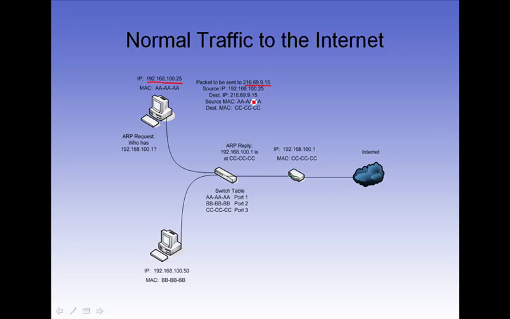And if you remember your networking, in this case the source and destination IP numbers are going to be used, but the destination MAC here in this case is going to be the MAC of the default gateway. And of course we all know this is actually the router.